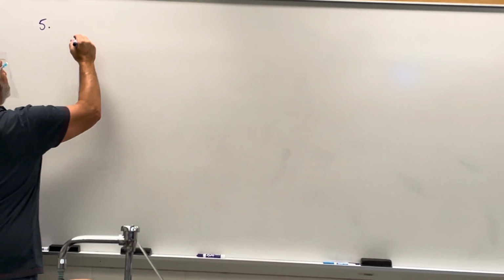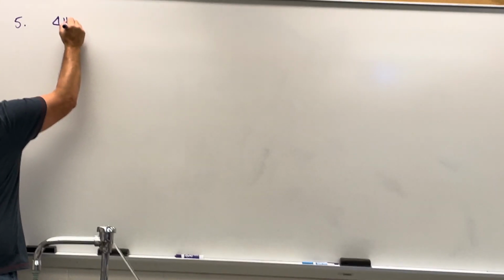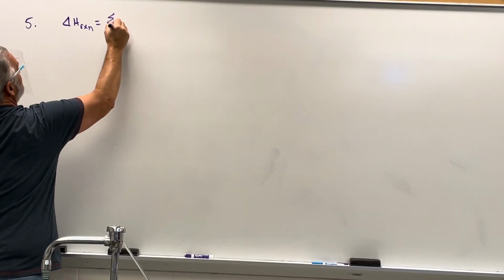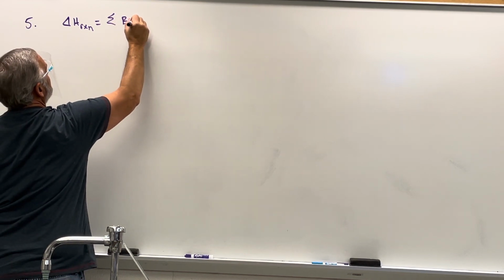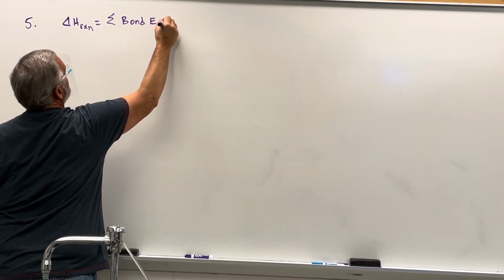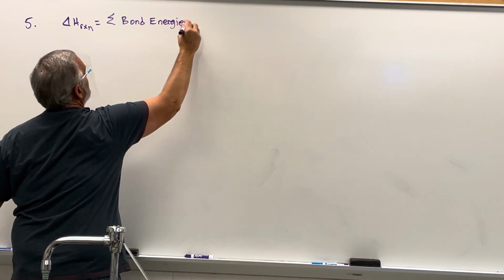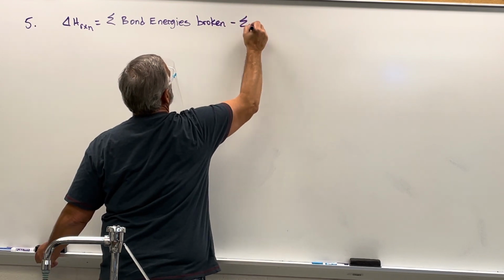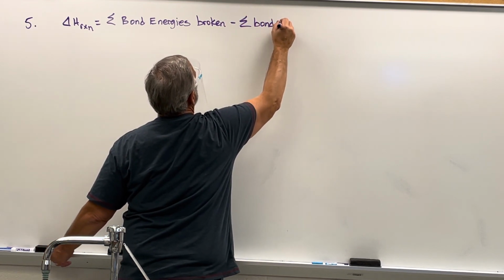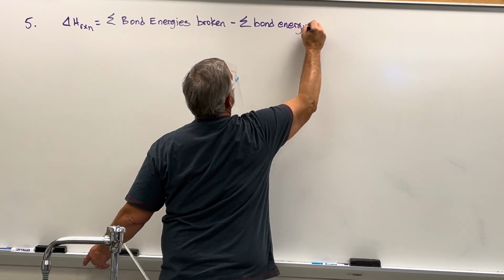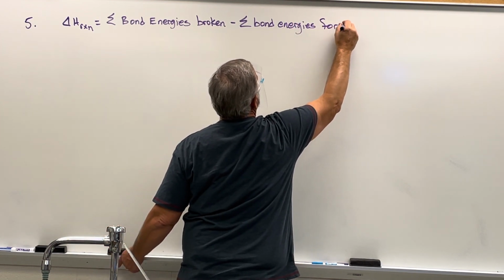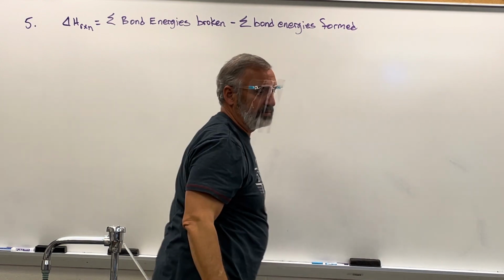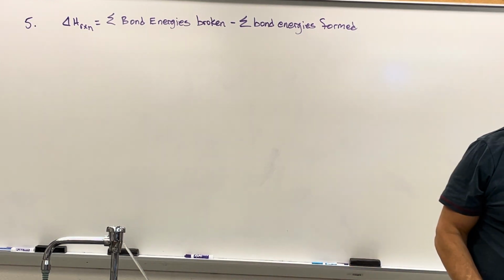So the fifth way to calculate delta H is that the delta H of a reaction is equal to the sum of the bond energies broken minus the sum of bond energies formed. This is on page 9, that's crazy.